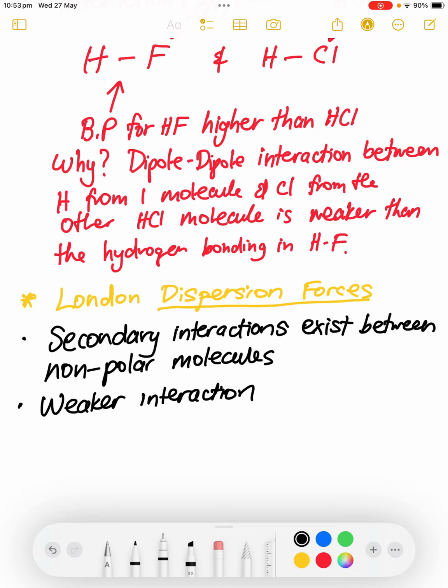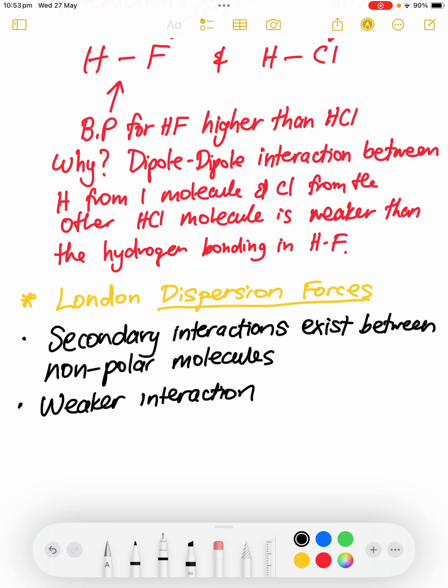Going on with this, because it's a weaker one, there will be temporary dipoles which are caused by the movement of electrons in a molecule as well. With this, there is an instantaneous dipole moment due to that asymmetry, and there's an induced dipole in the second atom.